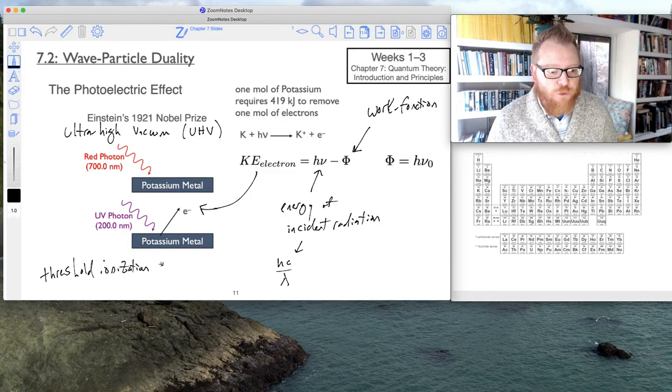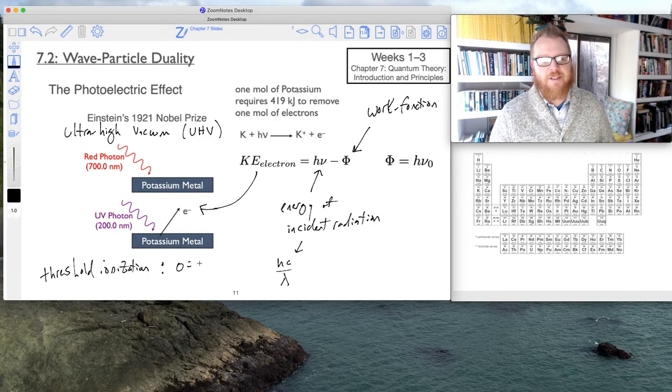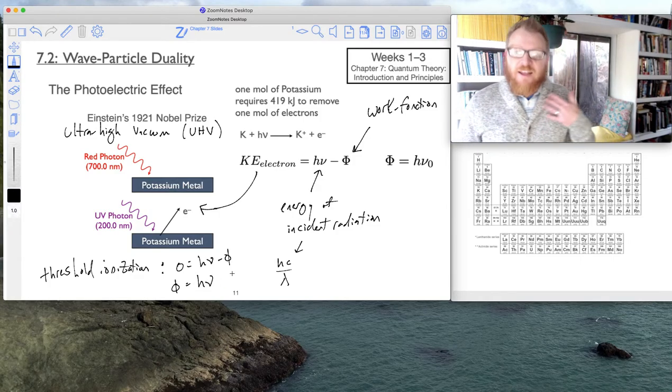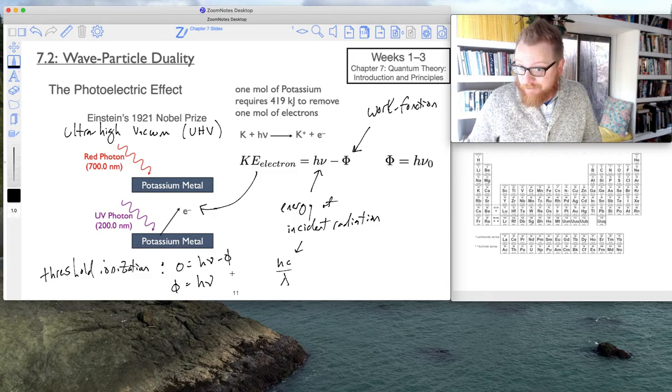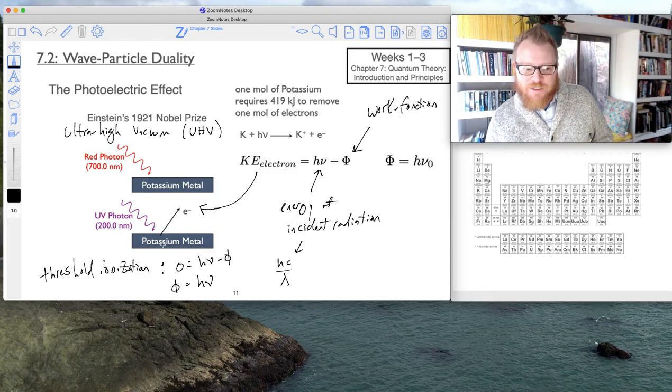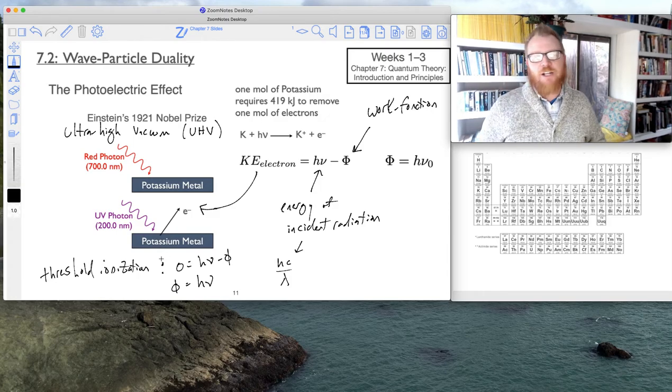Okay, so threshold ionization is when kinetic energy of the electron is 0, and that means 0 equals h nu minus phi, which means phi, the work function, is exactly equal to the energy of the incident beam of light. Okay, so you're not really going to get any, because there's no kinetic energy of that electron, you're not going to be able to detect it. Okay, so that's why it's called the threshold.